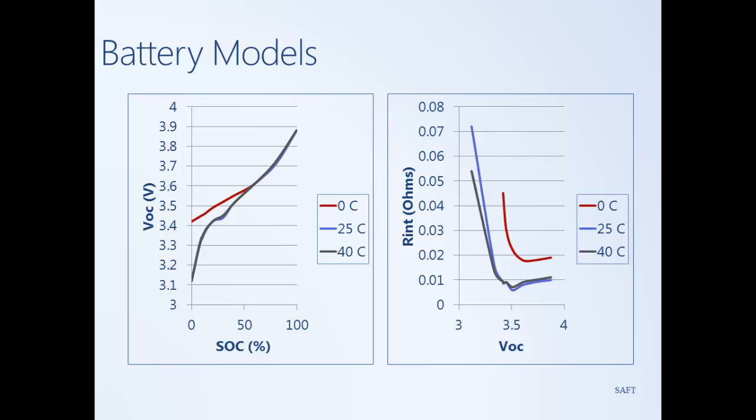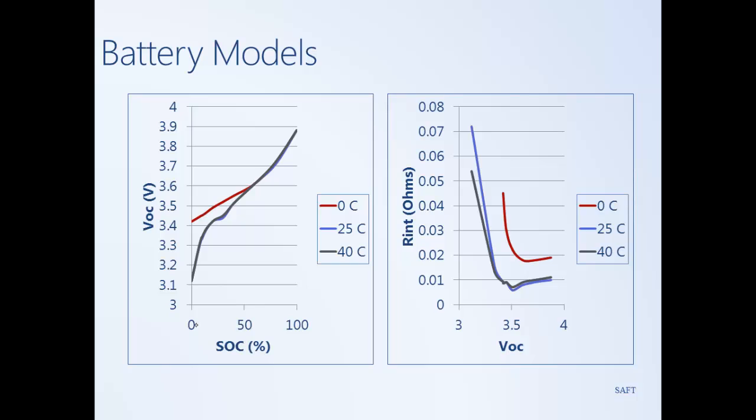Other conditions under which you may be able to treat the parameters as time invariant is, again, if they change slowly compared to the overall dynamics of the system, or if the operating conditions of the system are very narrow. So for example, in practice, in an electric vehicle, we do not let the battery run all the way down to zero state of charge.